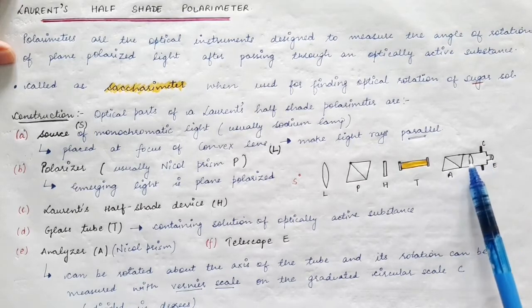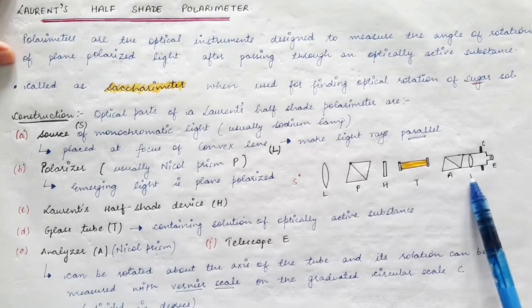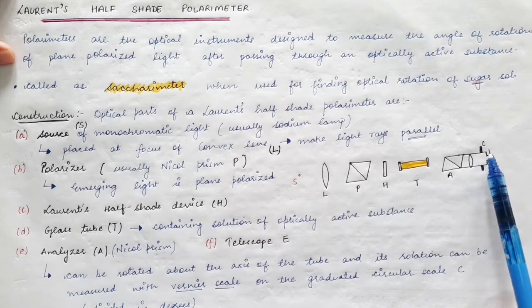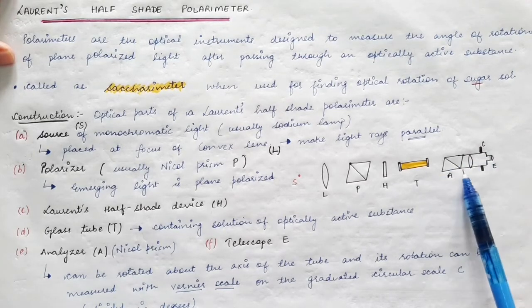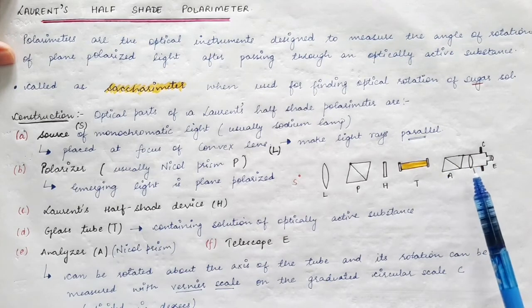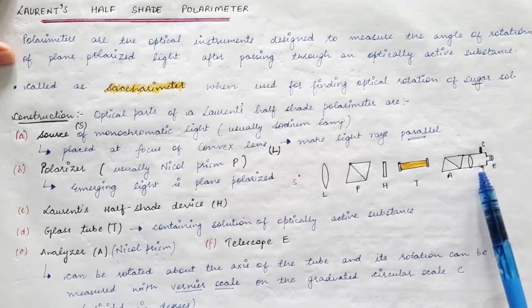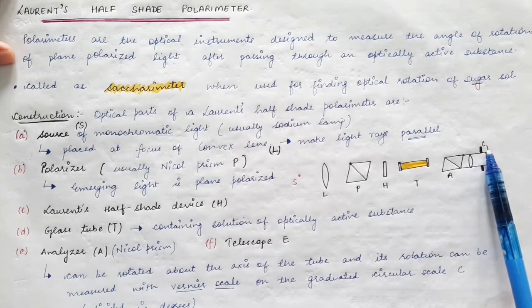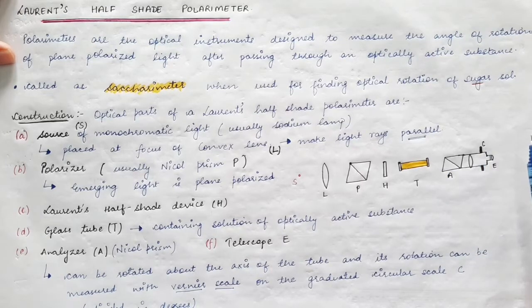The analyzer can be rotated with the help of certain screws present on the sides of the instrument, and the angle by which you rotate the analyzer can be measured with the help of a circular scale attached to this eyepiece.